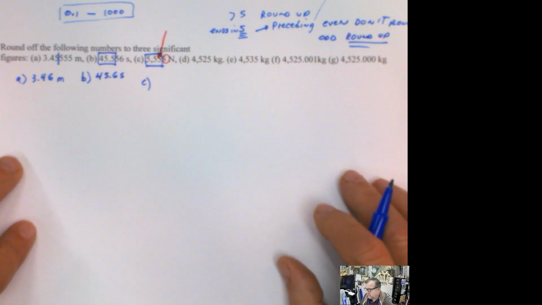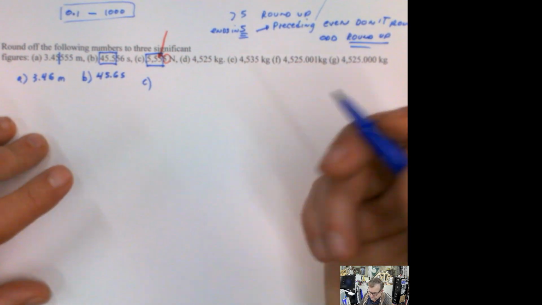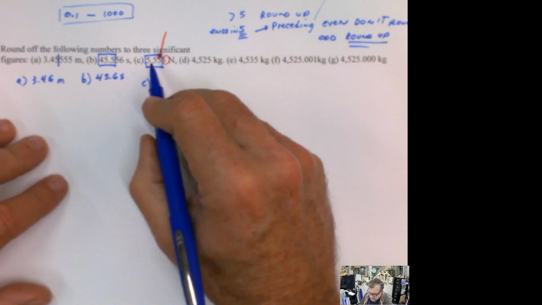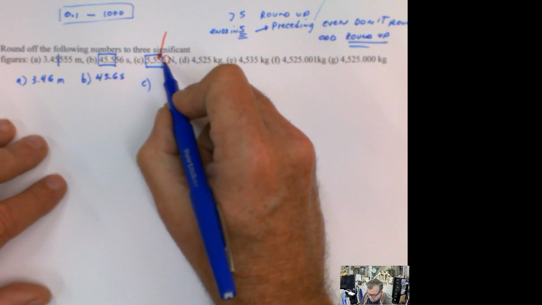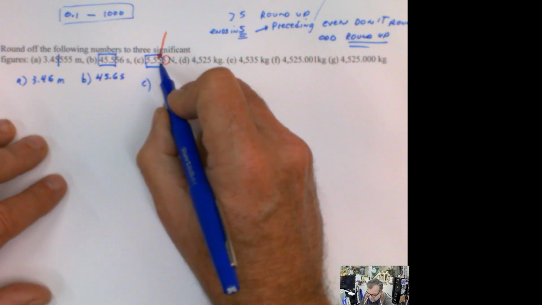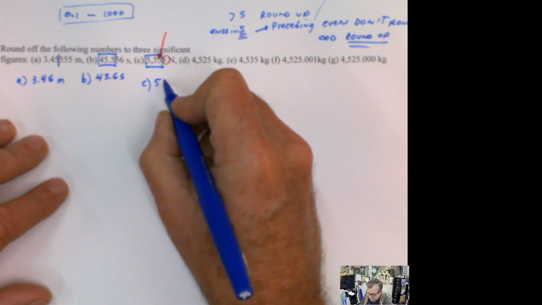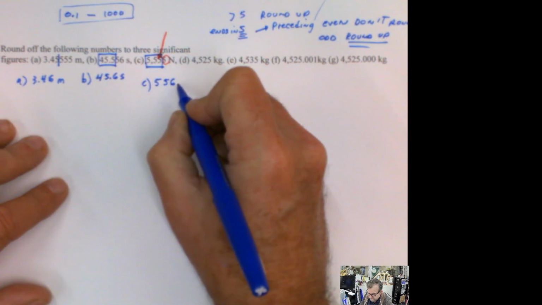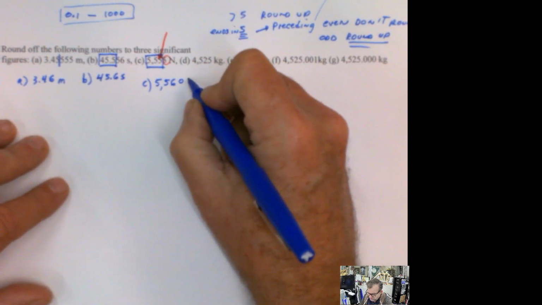Weird, right? I know it's weird. I myself don't like that rule, but it is a rule, and you have to learn it. So basically, the number ends in 5 after we cut it, and this number here is odd. That means we have to increase it, and the number will be 5560, three significant figures in Newton.